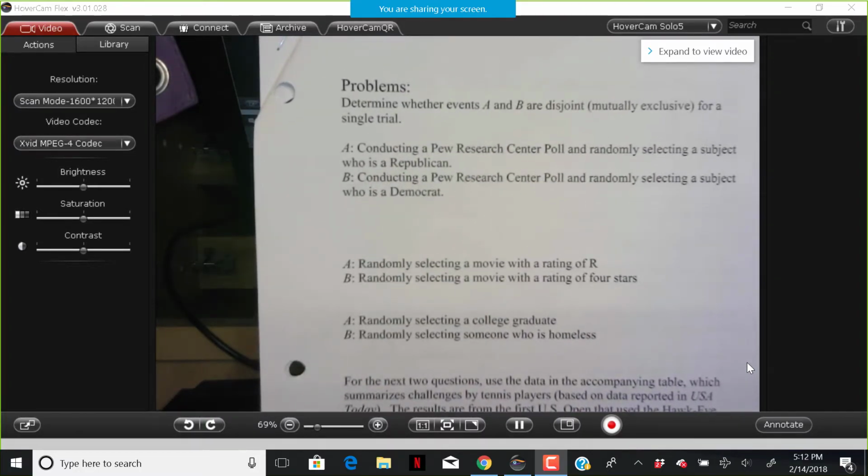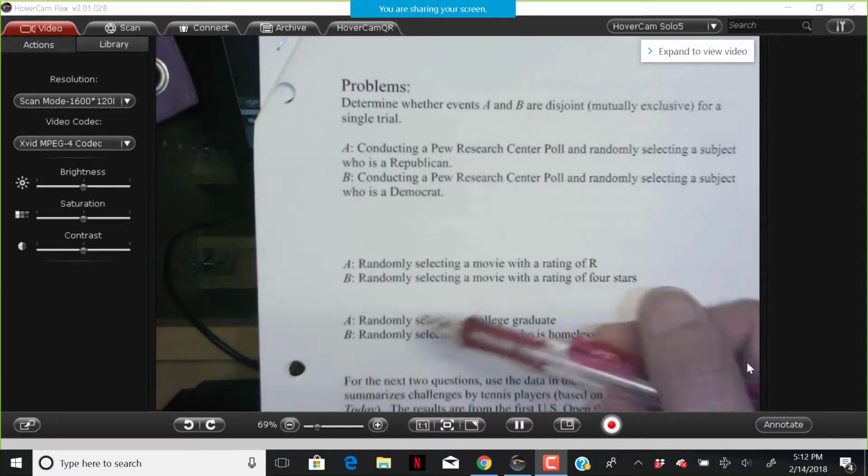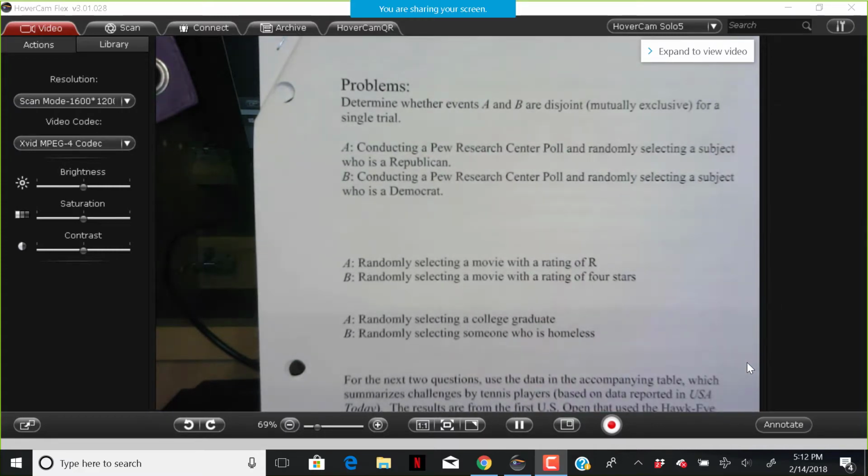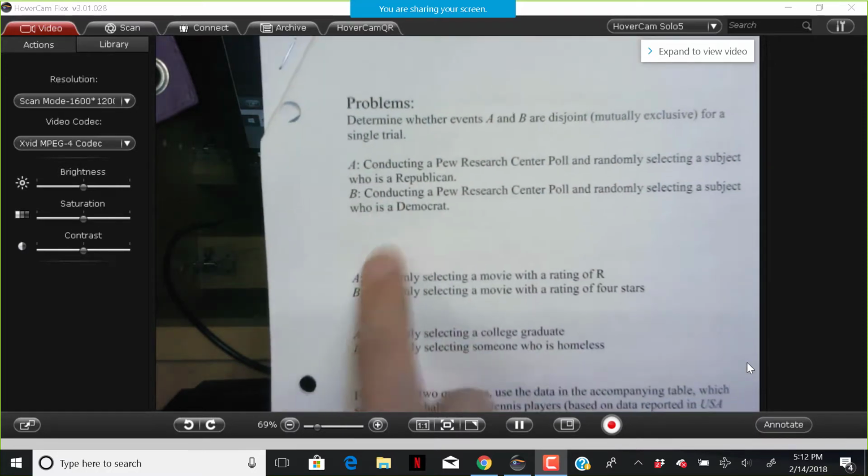Okay, so here we have 3 pairs of events, and we just want to say whether they're mutually exclusive or not, okay? We're thinking about doing one trial. So when we do one trial, could possibly both of these things happen?